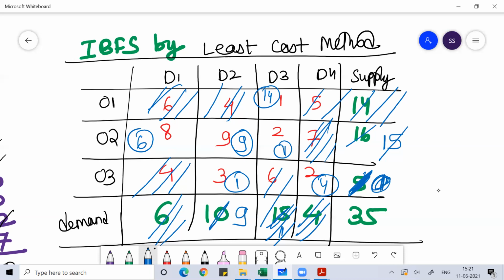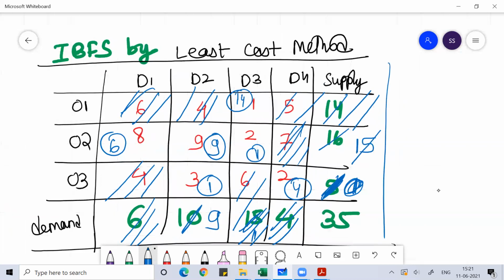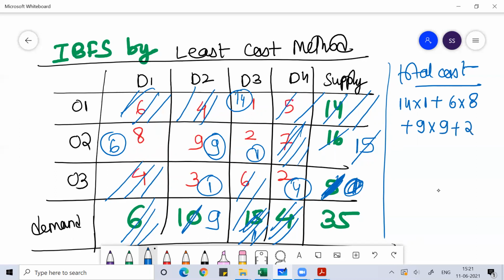So the total cost will be 14 into 1 plus 6 into 8 plus 9 into 9 plus 2 into 1 plus 3 into 1 plus 2 into 4.